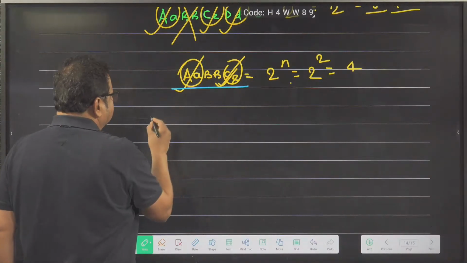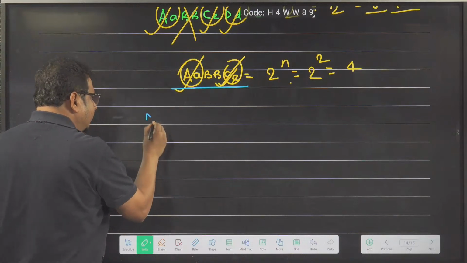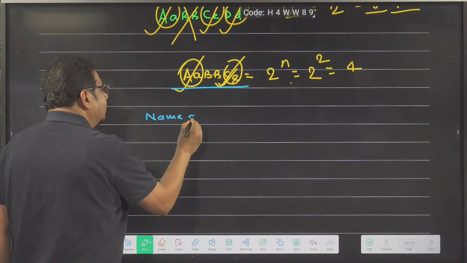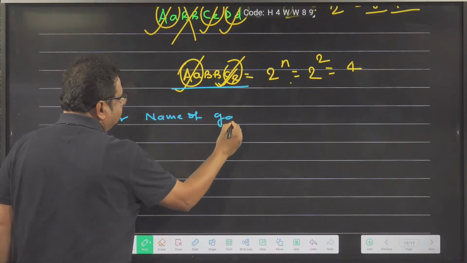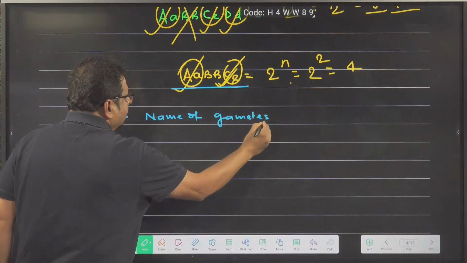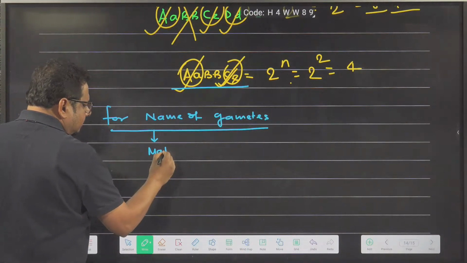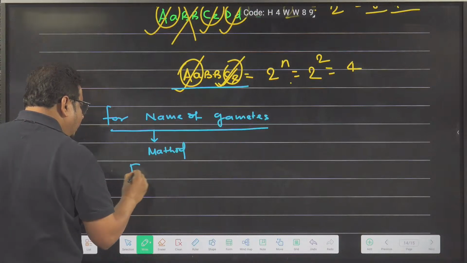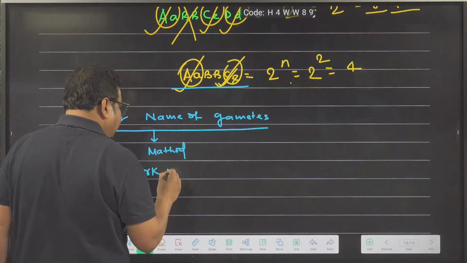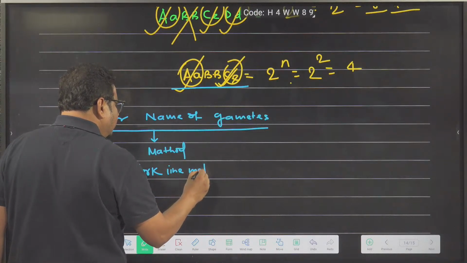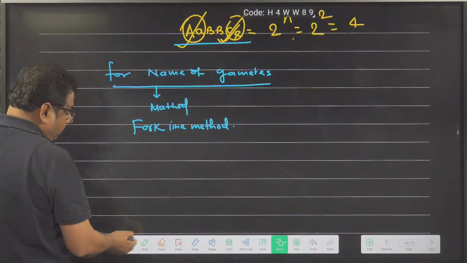Now I am telling about types of gamete. I told already. Now the names of gametes. For the names of gametes, we use a method. What is the method to write the names of gametes? The method name is the fork line method. To write the names of gametes, there is a method called the fork line method. Now you can ask, sir, what is the meaning of the fork line method?